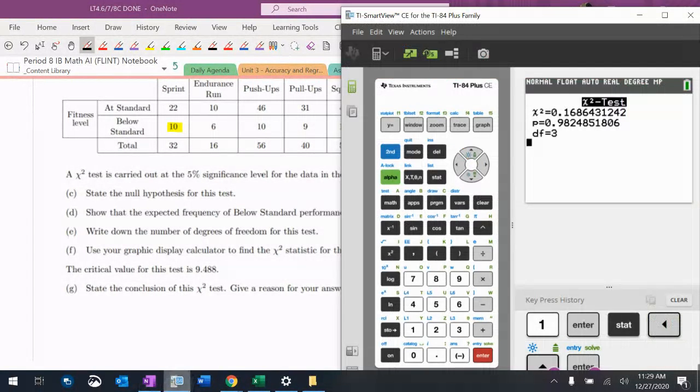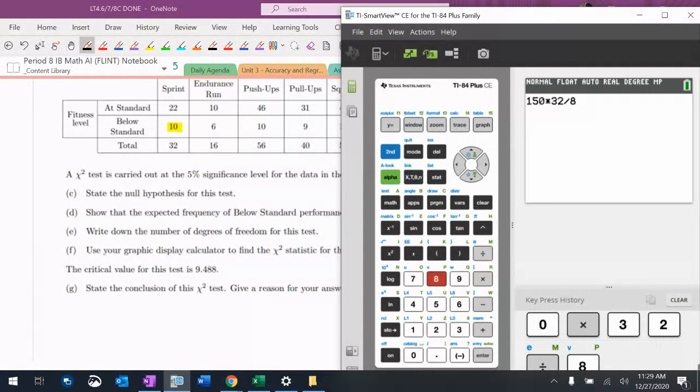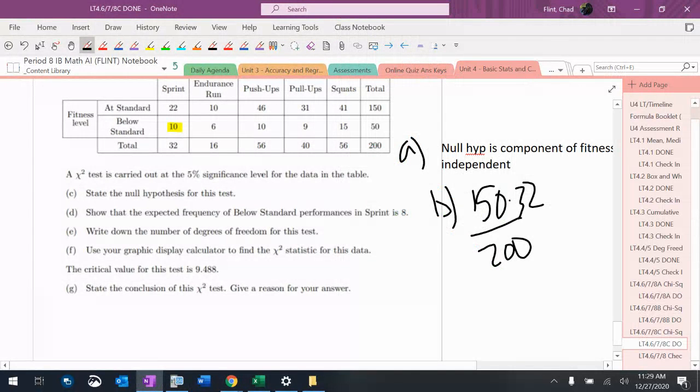That's supposed to be 8, so let's see if it is.